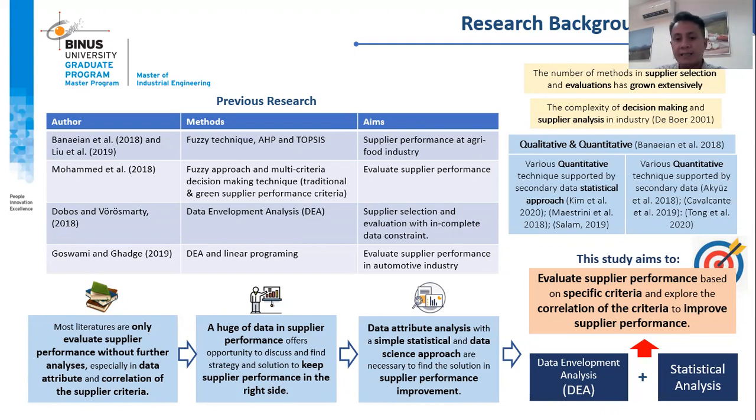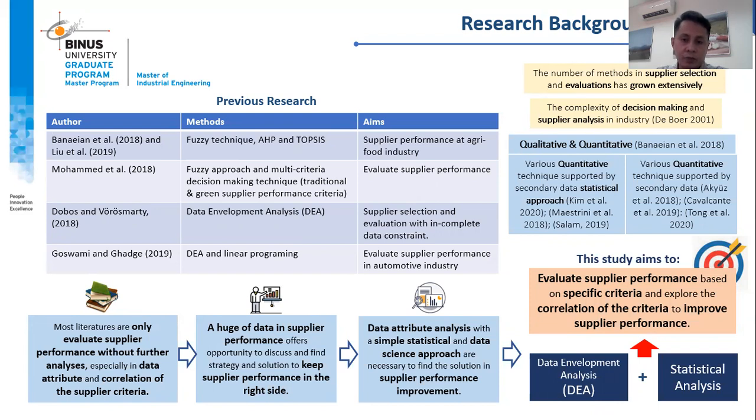Data attribute analysis with a simple statistical and data science approach is necessary to find solutions for supplier performance improvement, using data envelopment analysis and statistical analysis as the method.